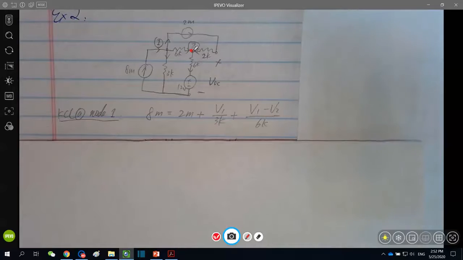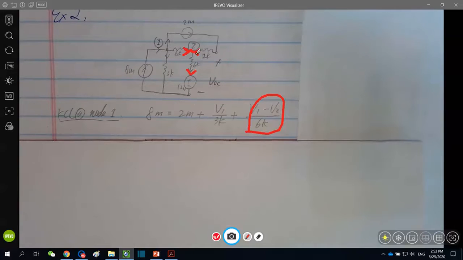Node 2 up here, similarly we have 3 currents involved. One current here going into it, another current here through 2K going into it, and one current leaving it downwards. This current has been defined and written in the previous node 1 KCL. We just need to copy it.